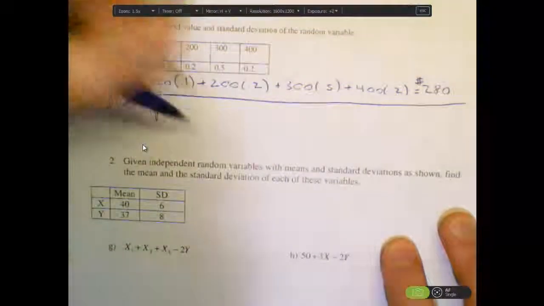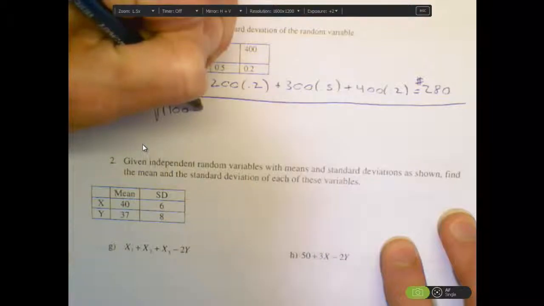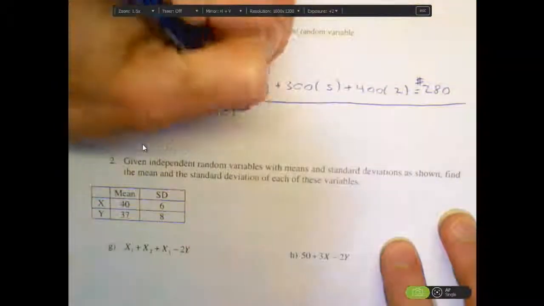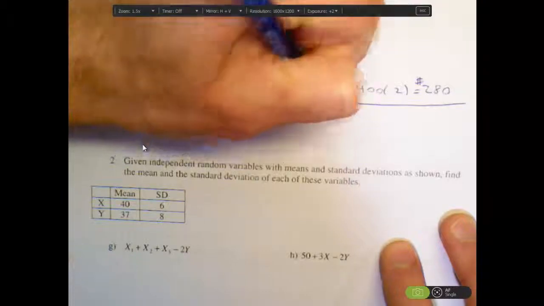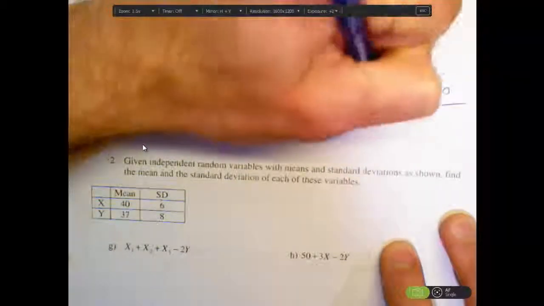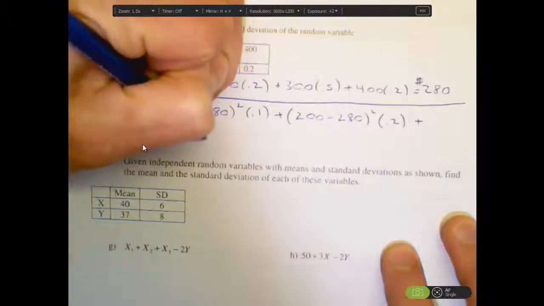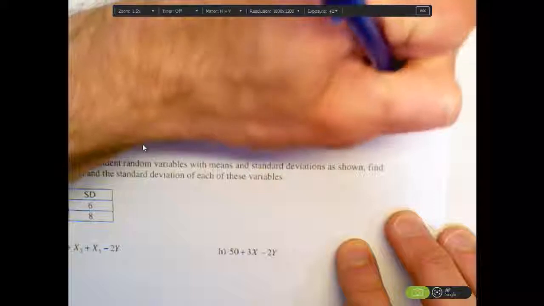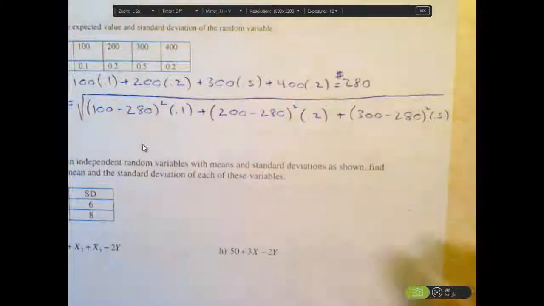So it's going to be the outcome 100 minus the mean, which we calculated to be 280, squared, times the probability 0.1, plus the next outcome, 200, minus the mean, 280 squared, times the corresponding probability, plus the next outcome, which was 300 minus the mean, 280 squared, times that probability, which was 0.5.